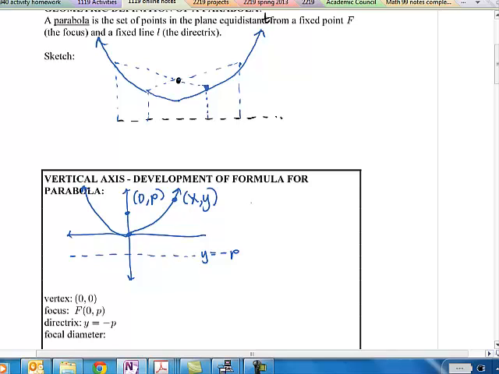So the distance between x, y, and that focus would be the square root of x minus 0 squared plus y minus p squared. And the distance between that point x, y, and the line y equals negative p would just be y plus p.